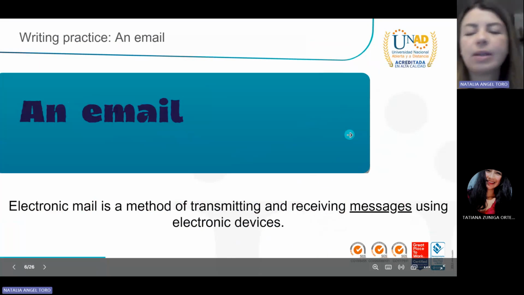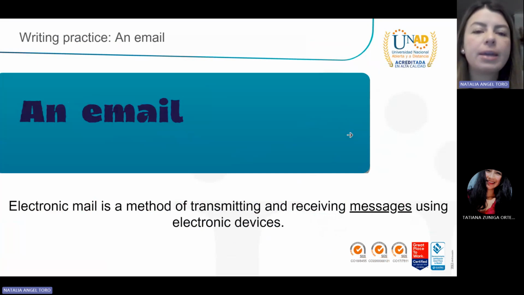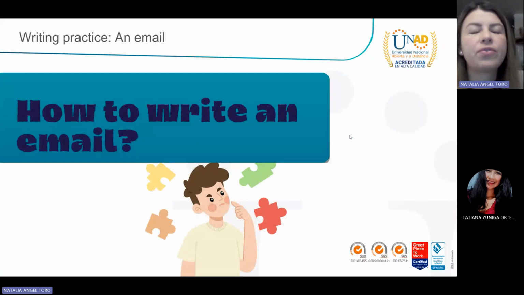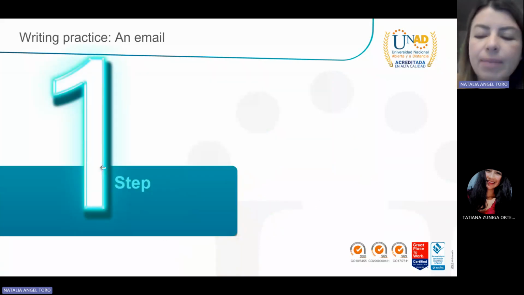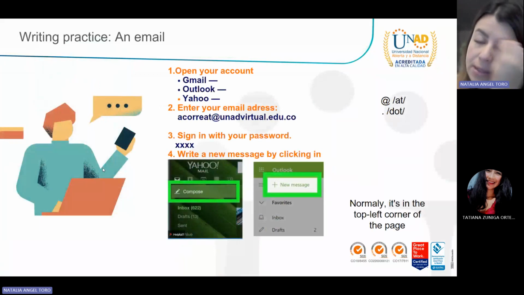It means that it's a method to communicate with people, to send or receive information, or send or receive documents. So how to write an email? We have here some steps.